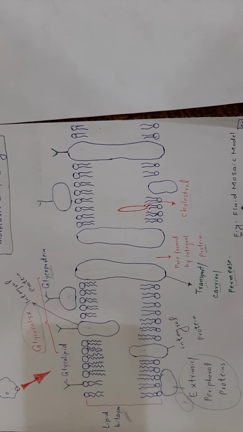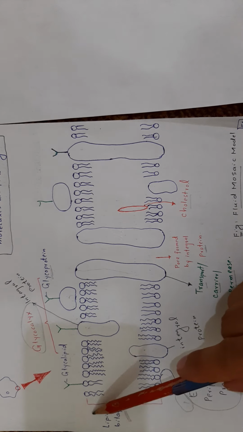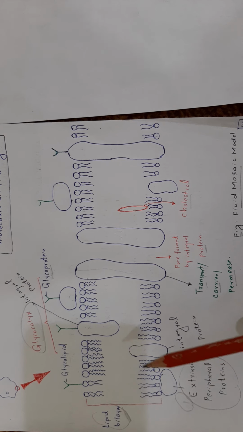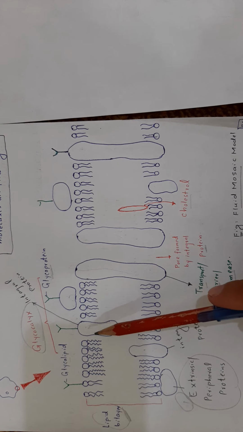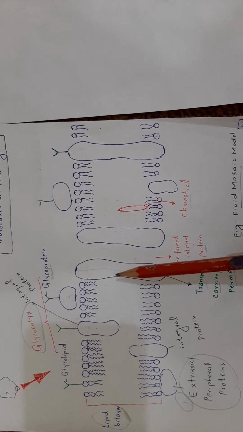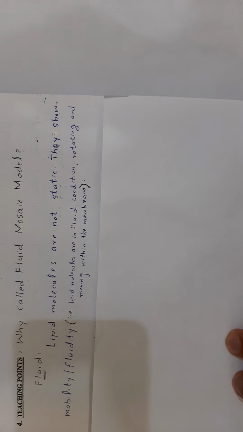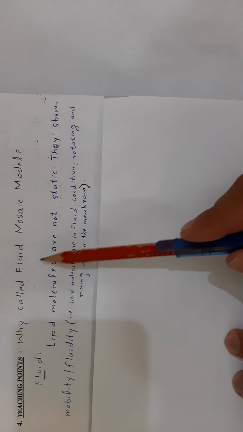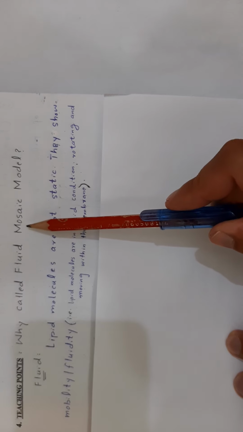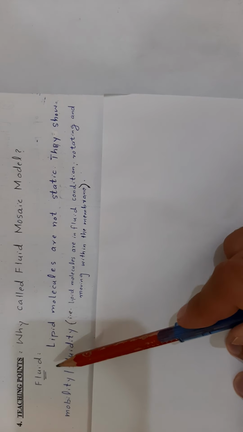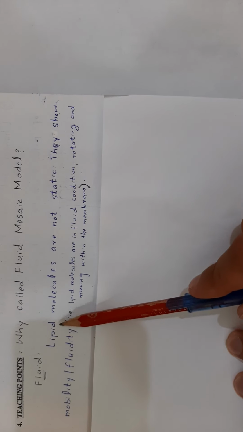This is fluid mosaic model, which states that the plasma membrane is composed of a lipid bilayer in which protein molecules are either partially or completely embedded. Now, why is this model called fluid mosaic model? Fluid refers to lipid molecules.